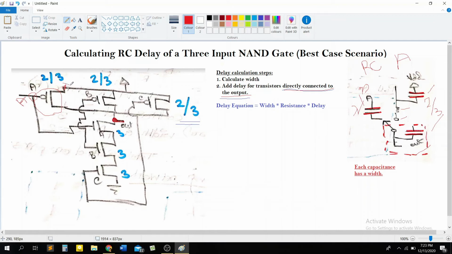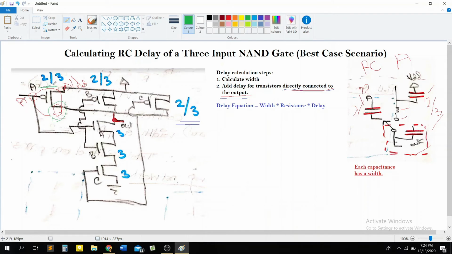It's connected to VDD. Only one capacitance is basically connected to our output, which is here in this node. And from our figure, we can understand that this one is basically the drain capacitance. So out of the three capacitances, we will only consider this one, which is directly connected to the output. So that's why our calculation here is 2x3.